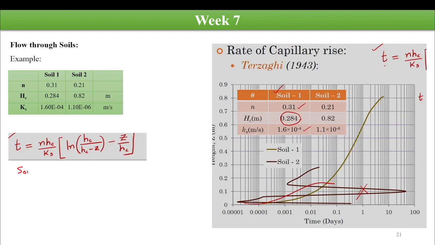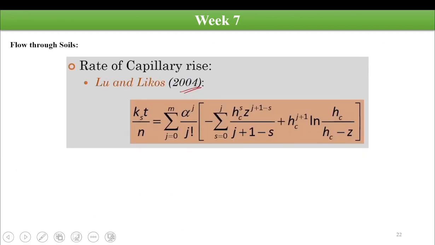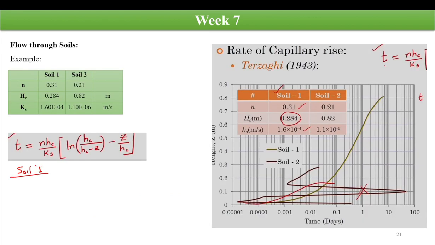For soil 1, let's say we solve it. So we'll write t1 is equal to the value of n, 0.31, multiplied by the value of hc, 0.284, over the value of ks, 1.6 into 10 to the power minus 4, right?